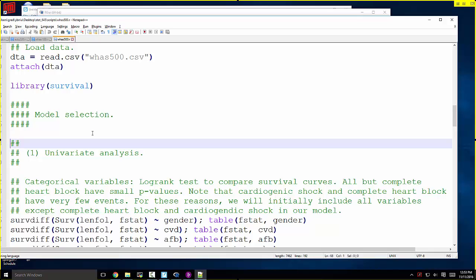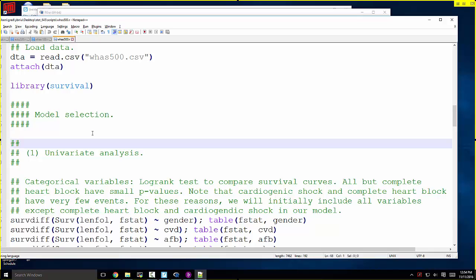Step 1 to asking that question would be to look at each variable individually. If we were doing usual linear regression, like a continuous response variable and a continuous predictor variable, say, we could draw a scatter plot and just look at it. Does it look like there's a linear relationship between x and y?